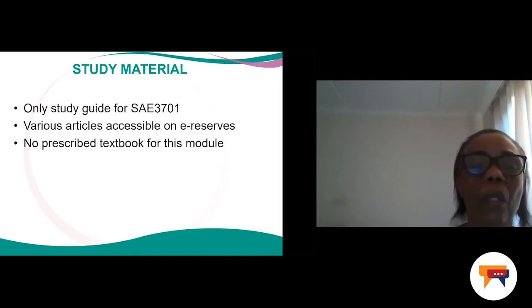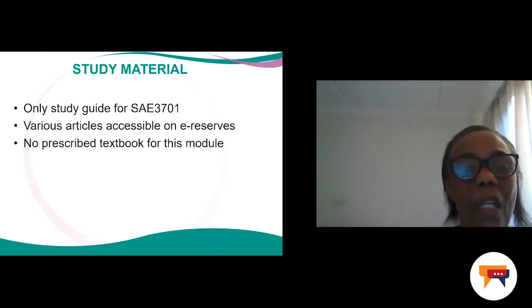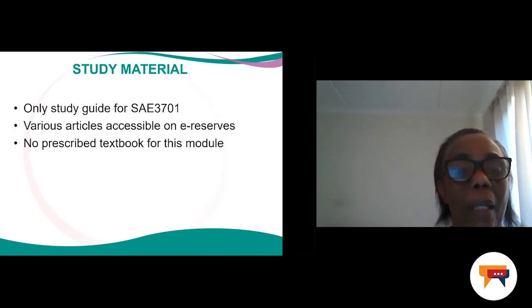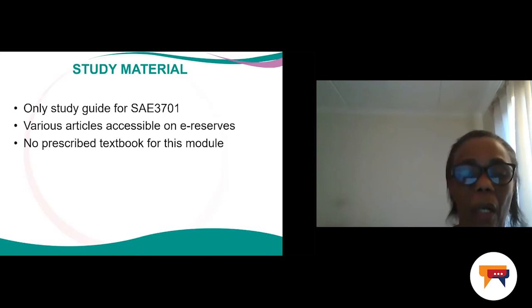Please make use of those articles because they contain the information regarding your assignments as well as your examination. For this module, there is no textbook, just the study guide and the e-reserves.